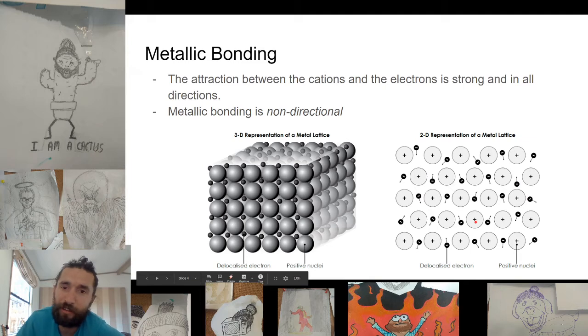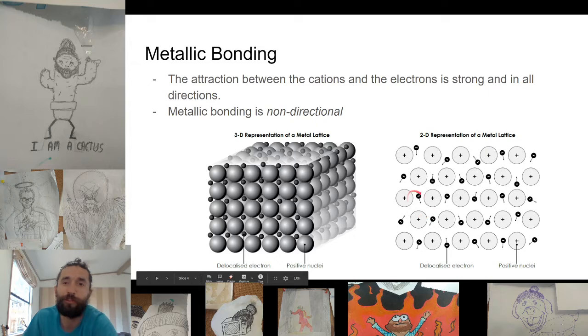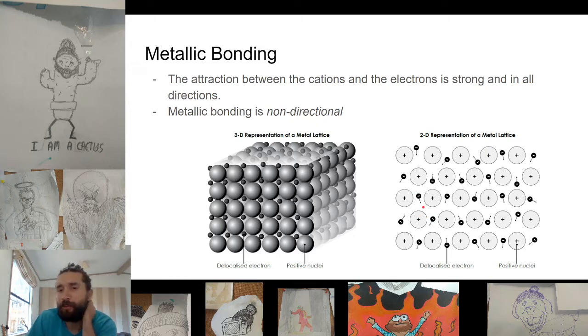And you can remember we said they are non-directional because imagine here is one atom. It's a positively charged ion because it's lost its electrons. It's not going to be just attracted to one atom or one electron next to it. It's going to be attracted to all of these electrons, which are all moving around all the time. So the bonds are non-directional.